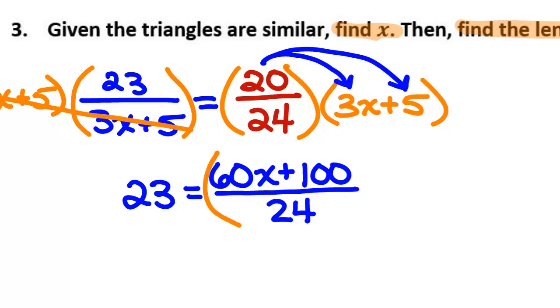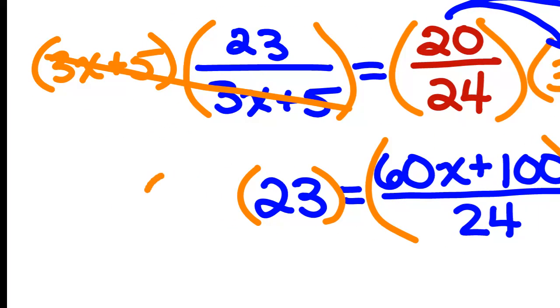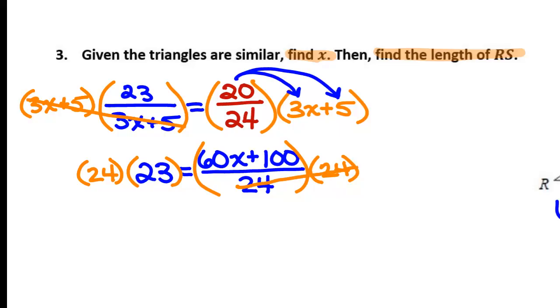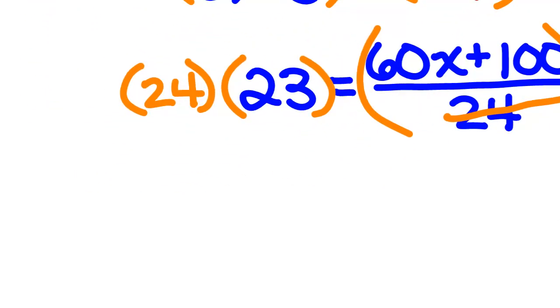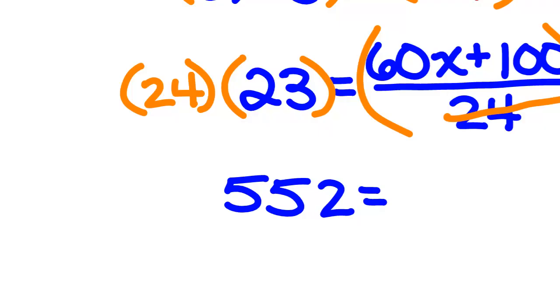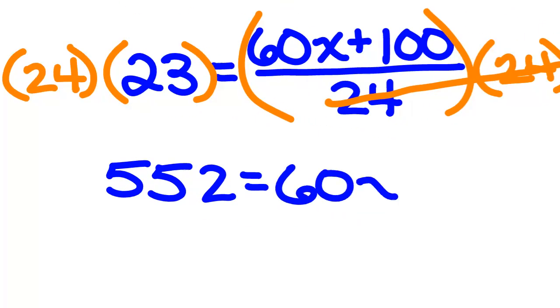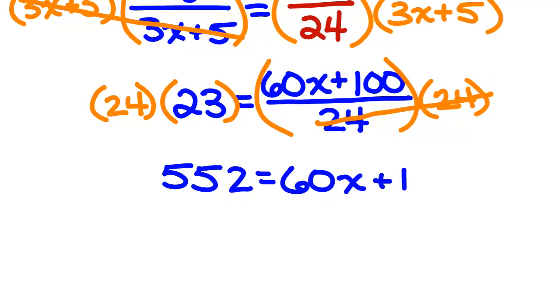Now we multiply by our denominator of 24. Cancels out my denominator on the right. What is 24 times 23? 552, thank you. 552 equals 60x plus 100.